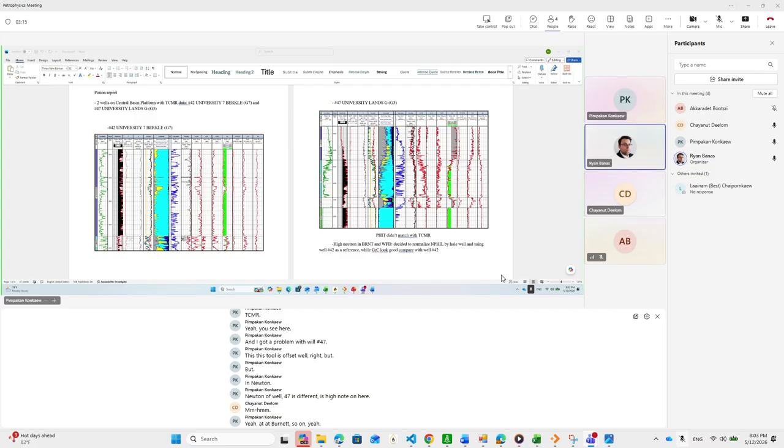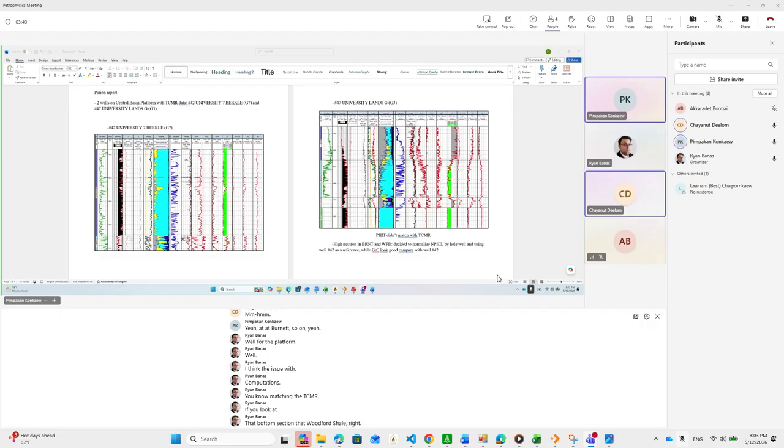For the platform well, I think the issue is with the computations matching the TCMR. If you look at that bottom section, that Woodford Shale, you've got a lot of dolomite in that model.